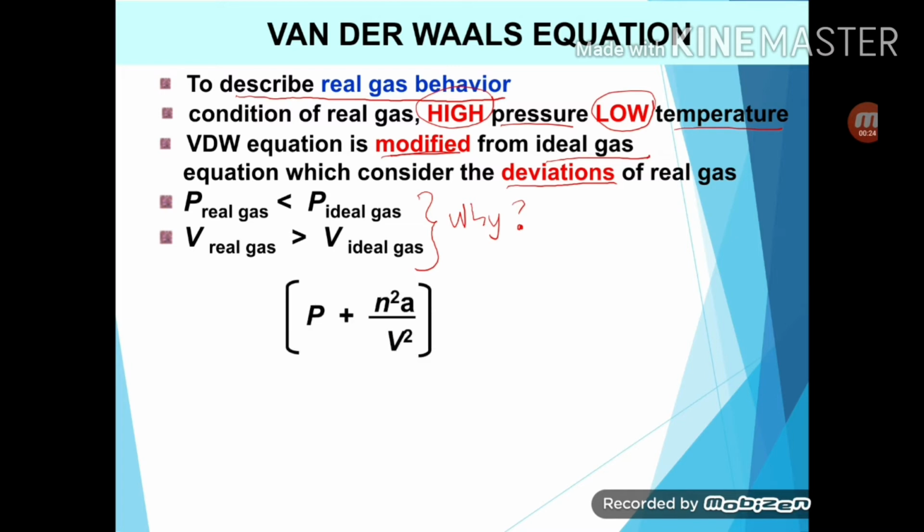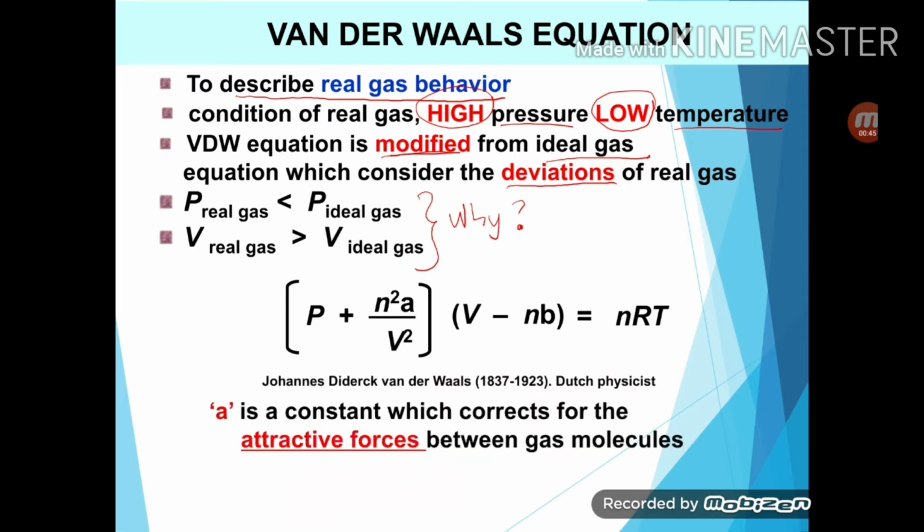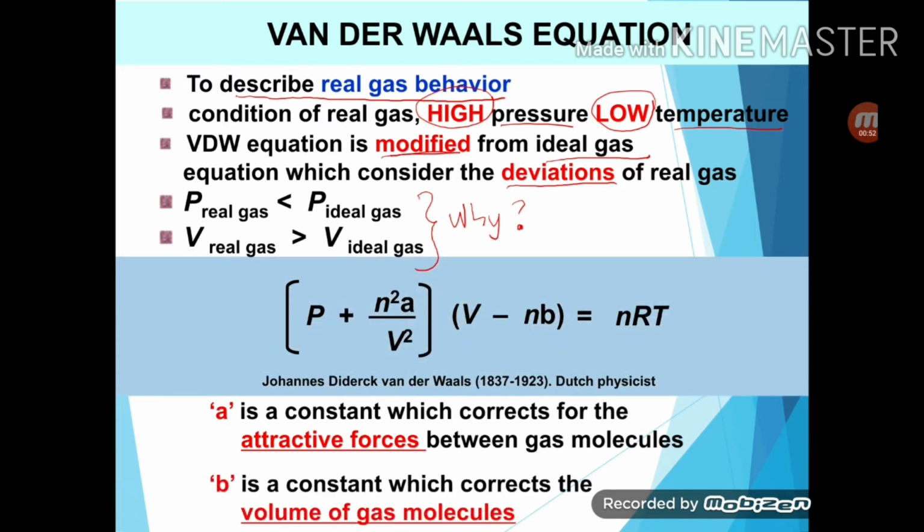After the equation of the ideal gas is modified, the Van der Waals equation is equal to P plus n squared a divided by V squared, times V minus nb, equals nRT. a is a constant which corrects for the attractive force between the gas molecules, while b is a constant which corrects for the volume of the gas molecules.